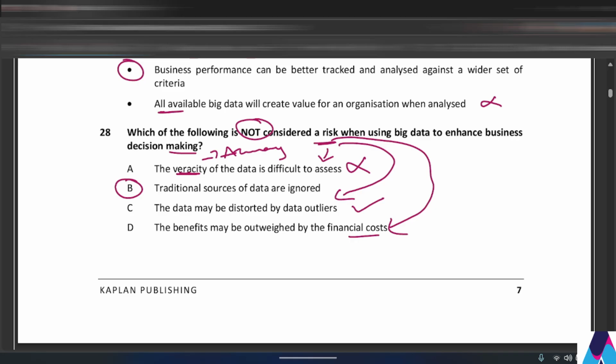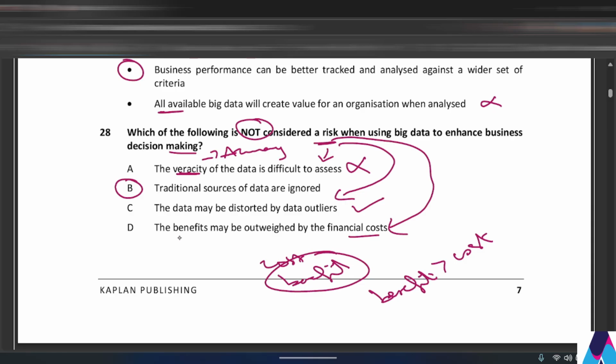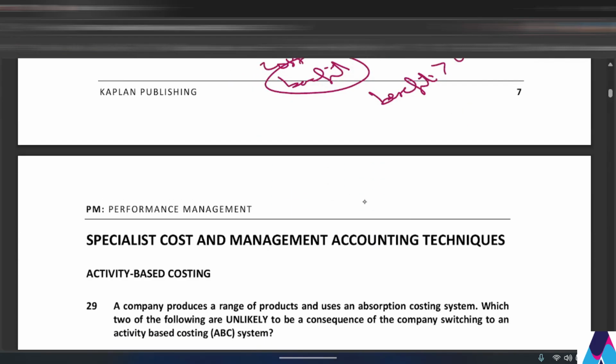But the point is that everyone should always see the cost to benefit: what is the benefit that we are going to get from this big data, and is that benefit greater than the cost or not, right? If it's not, then there is no point, right? That's what they're saying. The benefits may be outweighed by the financial cost. So yes, this is a risk. Okay, so with that, B is the correct answer.